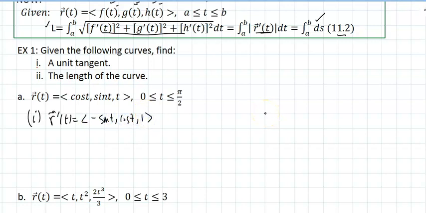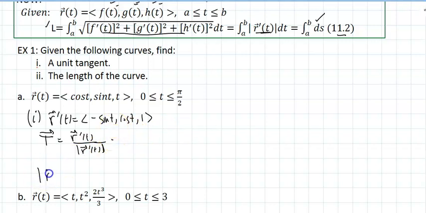And to make it a unit tangent, so I'm going to refer to that by T, a unit tangent vector is really r prime of t divided by the magnitude of r prime of t. Isn't that how we make a vector unit?